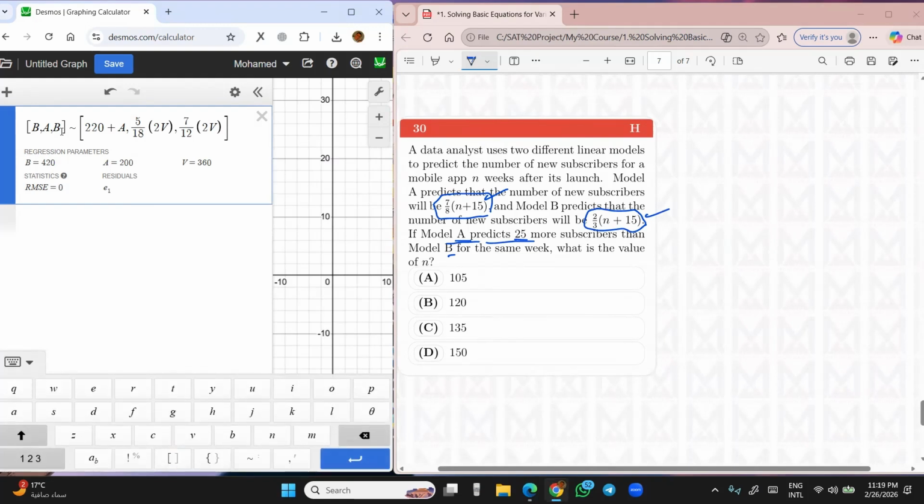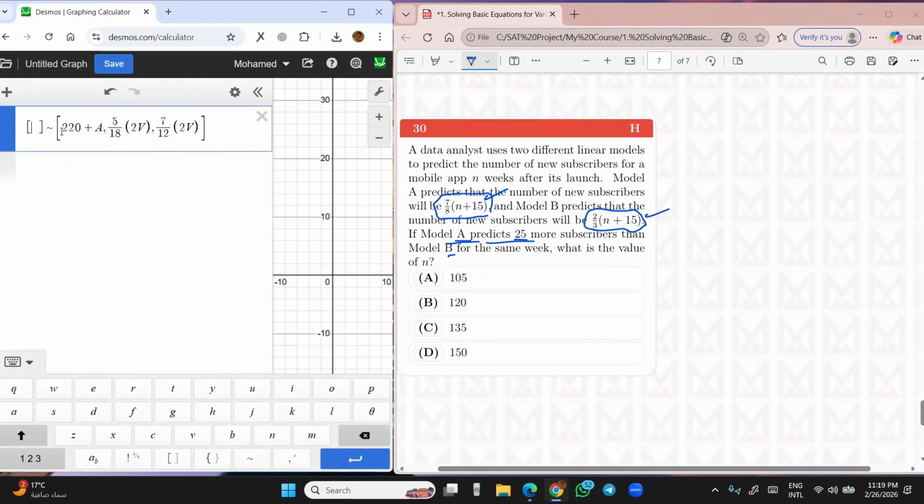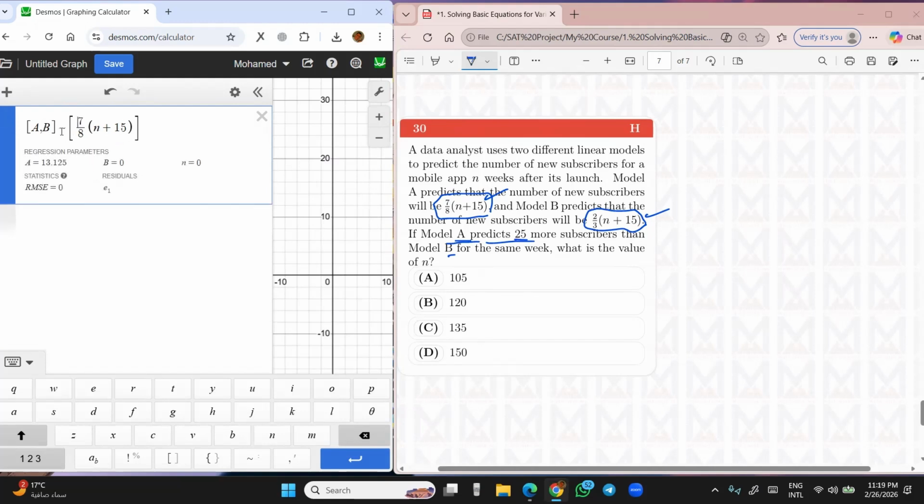So we can come in the first part. Just remove everything here. Keep the square brackets. And then we start writing A. And A is equal to what? 7/8 into n plus 15, and that is A. And then go to the right, B after the comma. B is equal to 2/3 of n plus 15 as well.